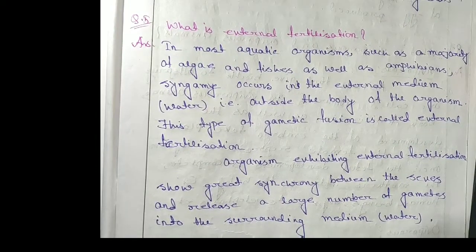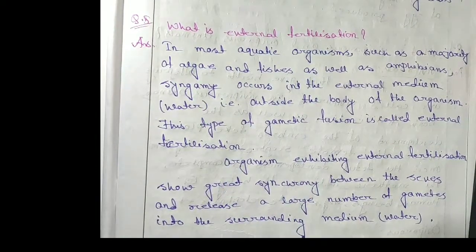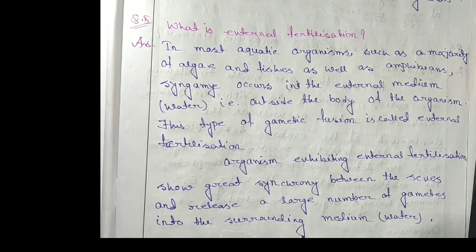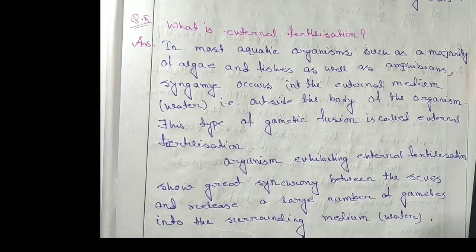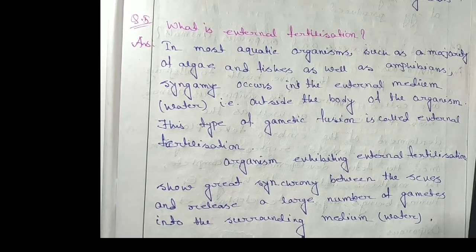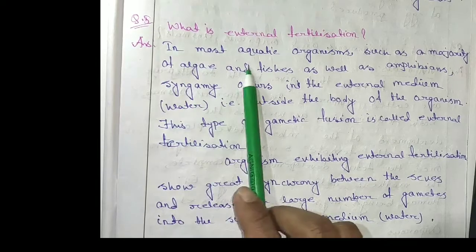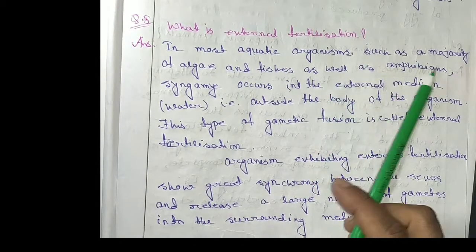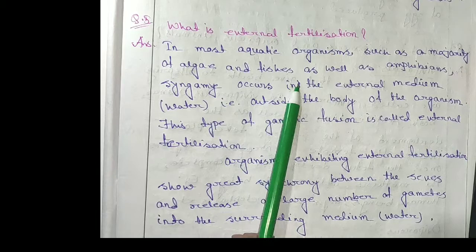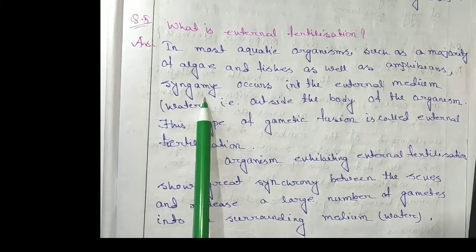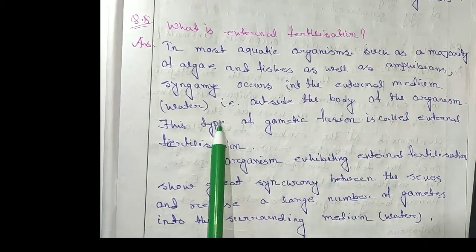Now what is external fertilization? External fertilization means fertilization that occurs outside the body of the female. It is found in some reptiles, amphibians, etc. In most aquatic organisms, such as a majority of algae and fishes as well as amphibians, syngamy occurs in the external medium.